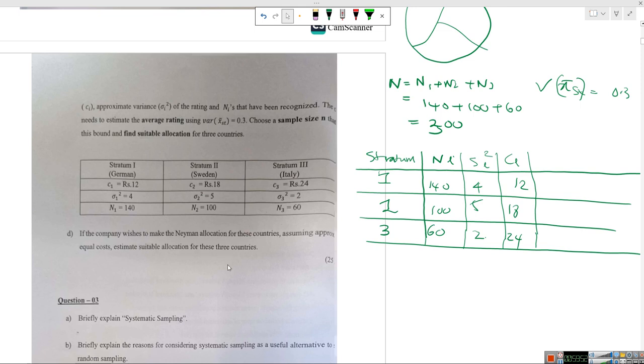For Neyman allocation and optimum allocation, the variances are slightly the same. So if we consider the same cost, then we can perform Neyman allocation for this.